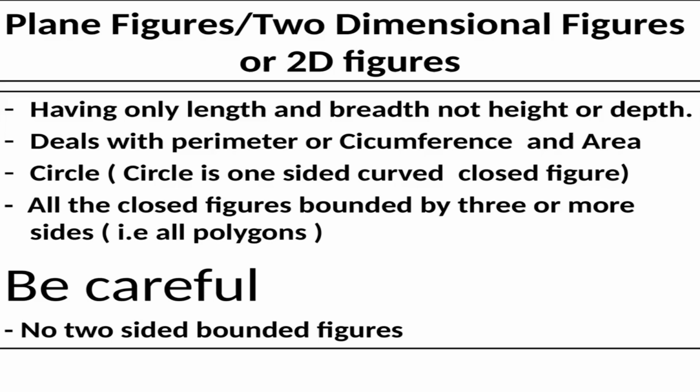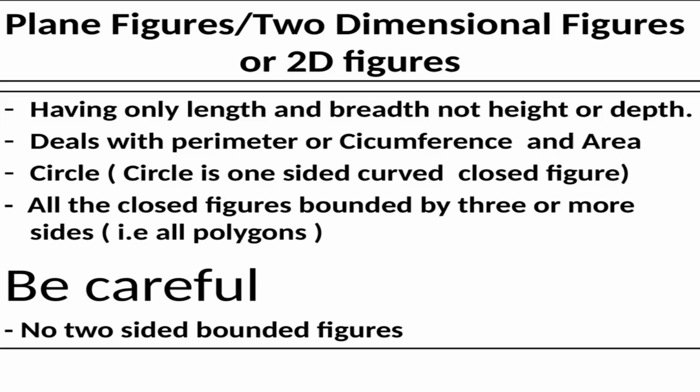A plane figure is also classified in two parts: one-sided closed figure, and three or more than three-sided closed figure. In a plane figure, you should consider that the figure must be closed. If a figure is not closed, then it is not called a plane figure.